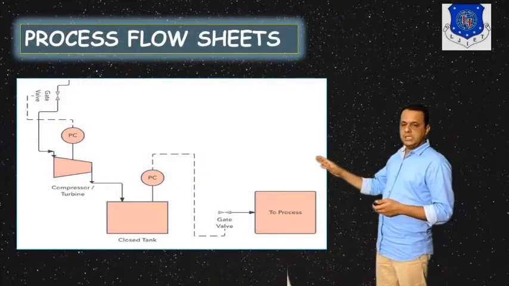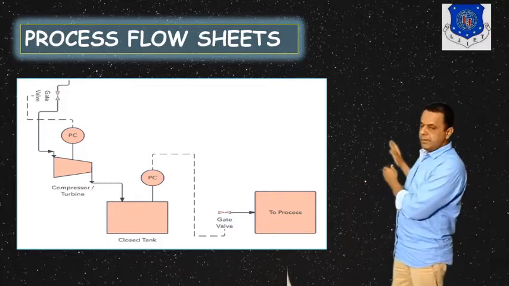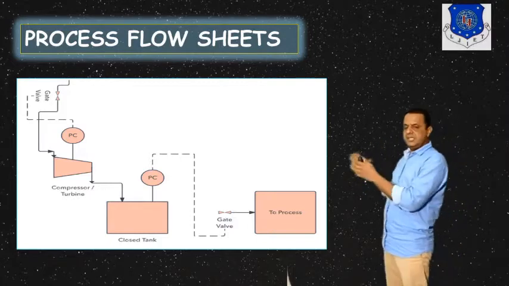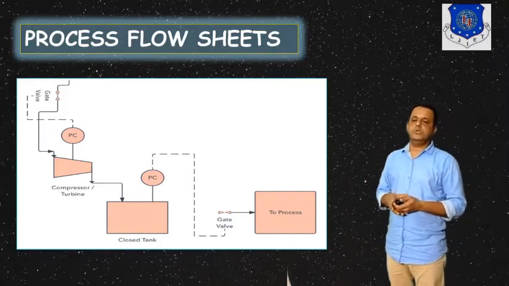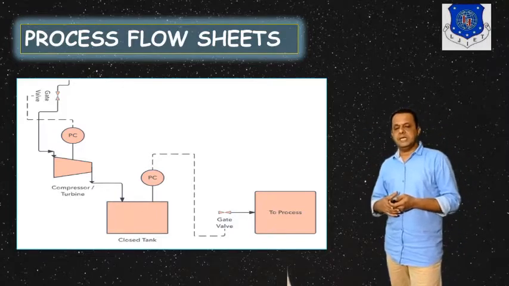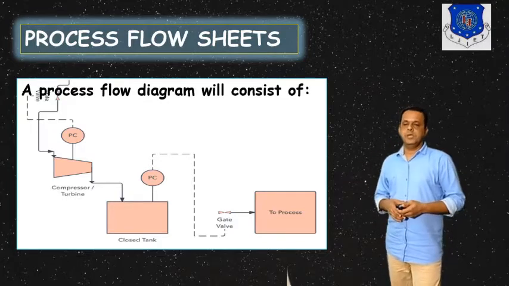So see here, this is one of the examples where compressor, turbine and tank and everything is shown in a very visual manner, where not much detail is given, and the dotted line shows the temporary connection.